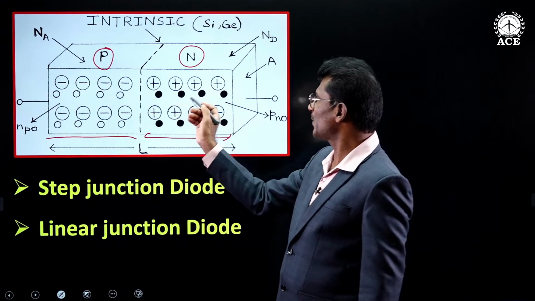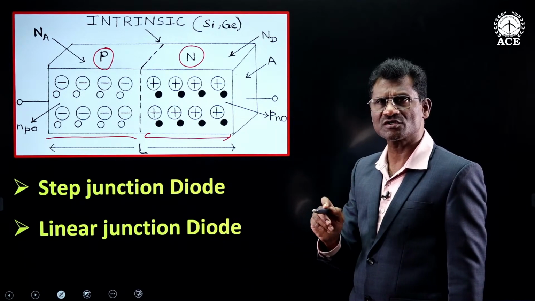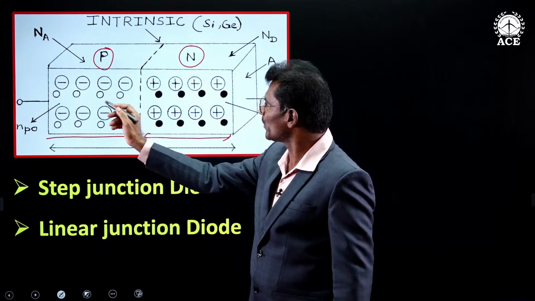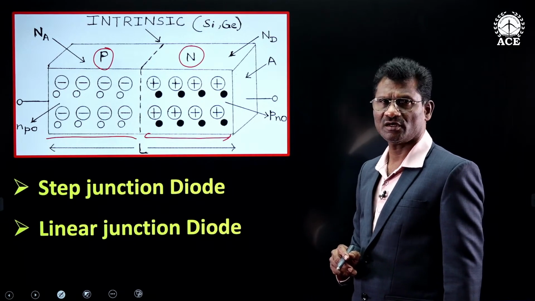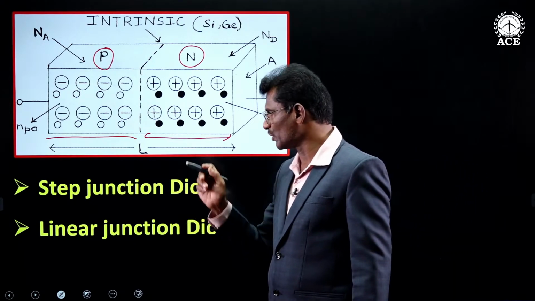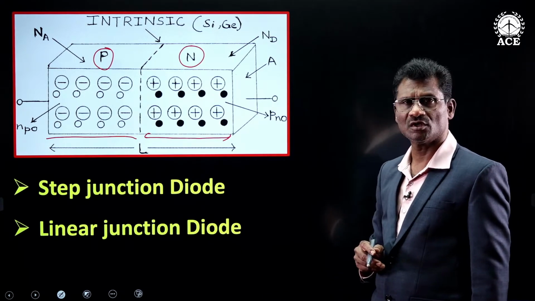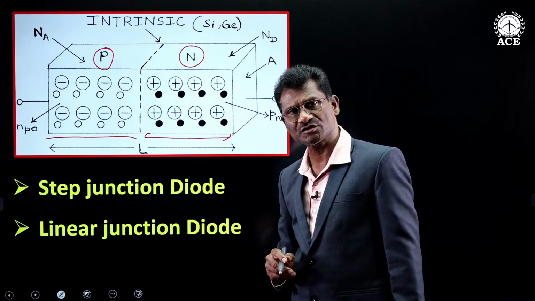That is, depending on the location or depending on the distance, doping concentration will be different in both P and N sides. That is what is called as linear junction diode. So these are 2 different types of diodes based on the doping concentration, called as step junction diode and linear junction diode.